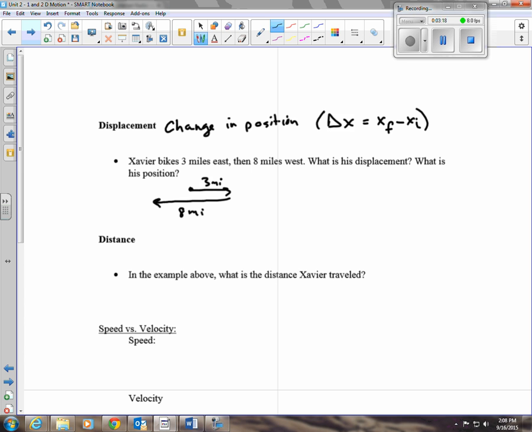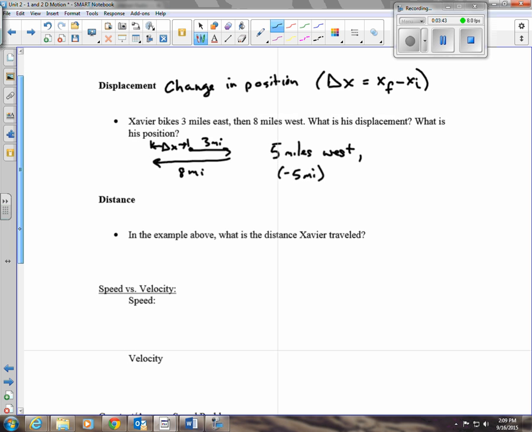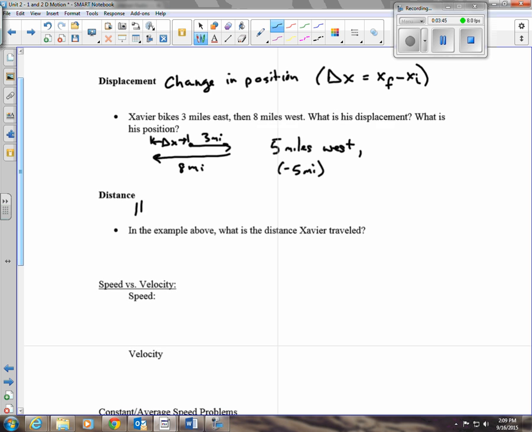Now, here is the displacement. So it's changed from where he started, so he ended up 5 miles west, or minus 5 from where he started.